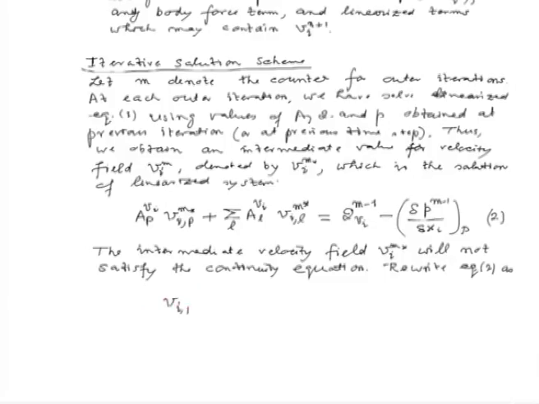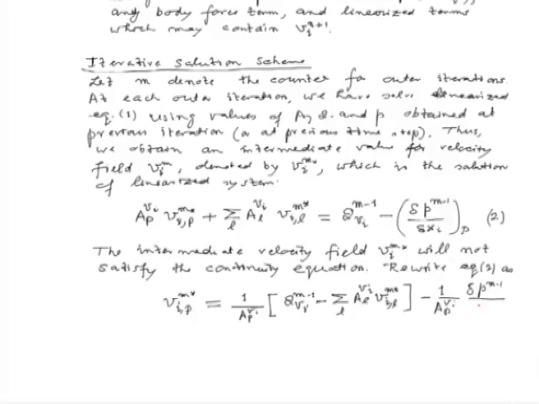So, VI comma P M star is equal to 1 over A P VI in brackets Q VI M minus 1 minus sigma L A L VI comma L M star, minus 1 over A P VI delta P M minus 1 over delta Xi at P. Let us call this equation 3.